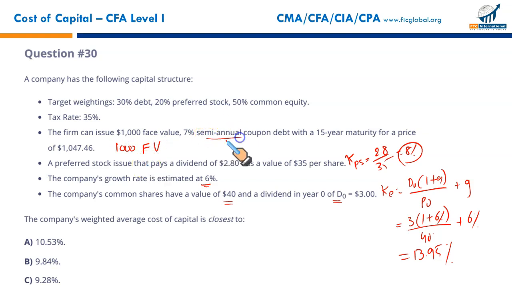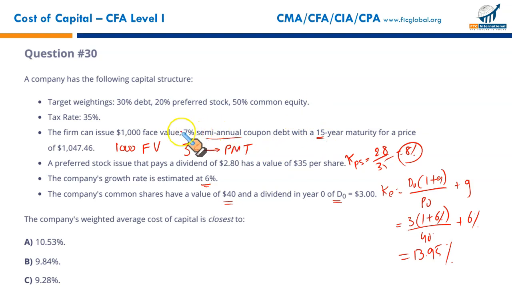Since it is semi-annual, the interest payments would be $70 a year: 7% of 1,000 means 70 for annual payments. Since it has to be converted to a semi-annual basis, it's 35, half of 70. So that is your PMT.